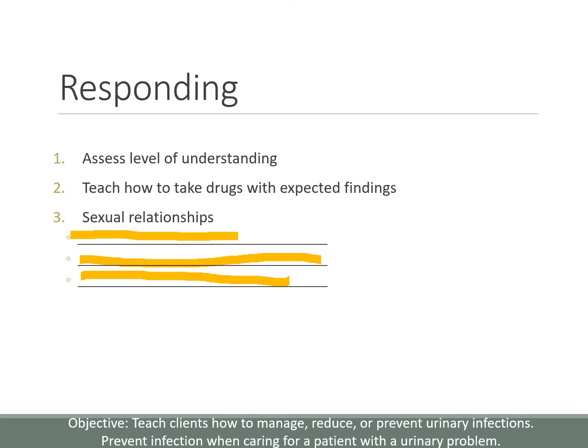And last but not least, contraceptive preference. Patients who use diaphragms and spermicides may need to consider using something different, such as just condoms or maybe contraceptive pills, because diaphragms and spermicides increase your risk for UTIs.